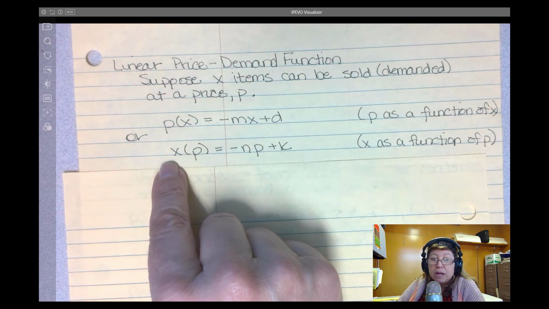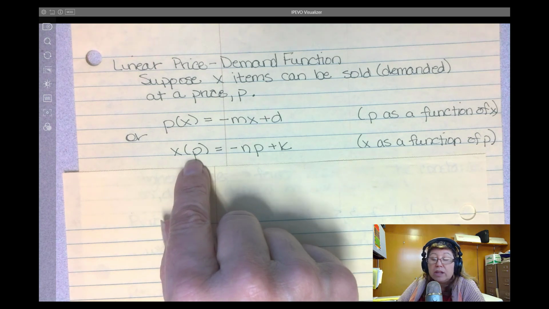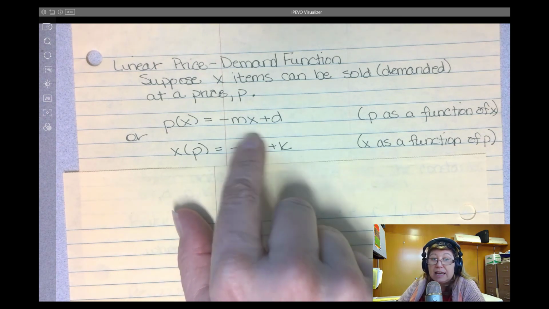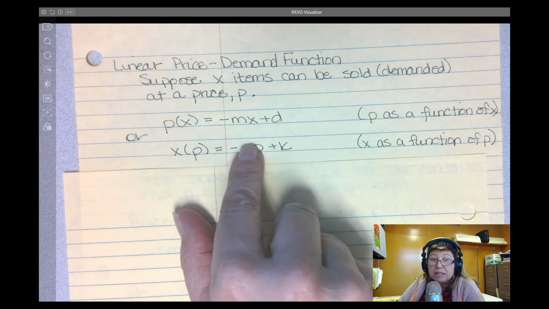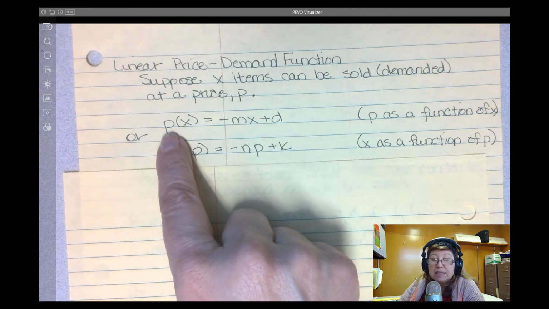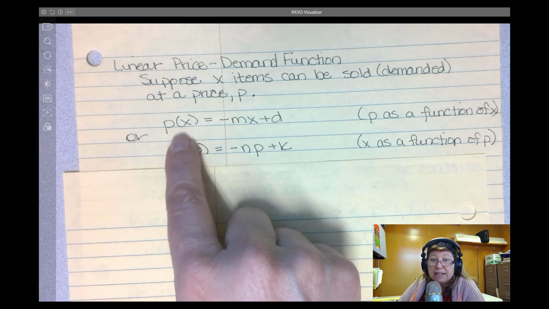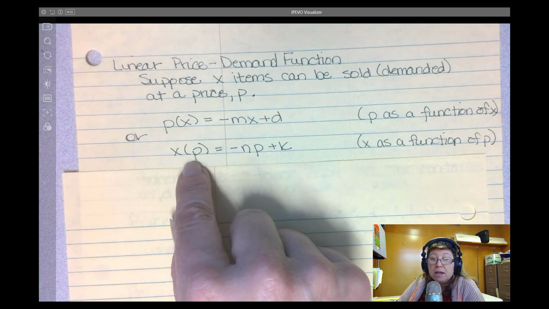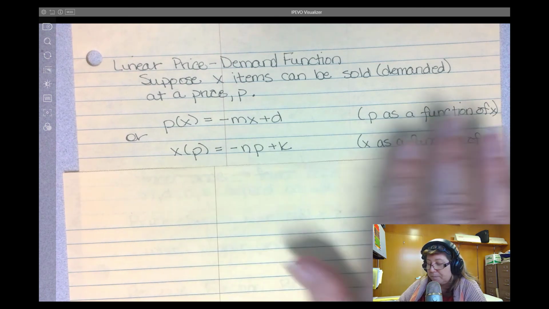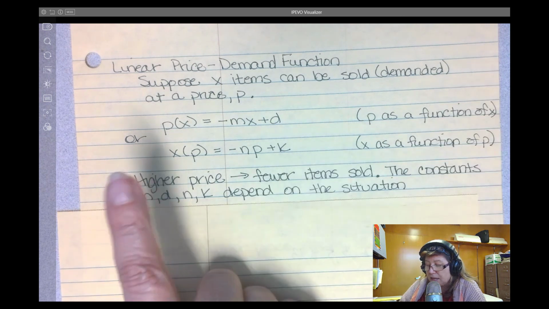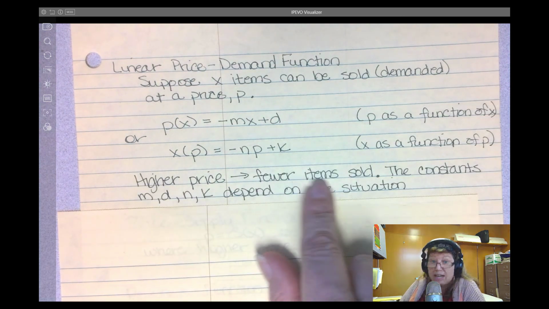Or we're dealing with the number of items as a function of the price, and again, the N and the K. So this X is the number of items. This P is the price. Same thing, this is the price function of X, and this is the number of items as a function of price. Now keep in mind, higher price means fewer items sold.